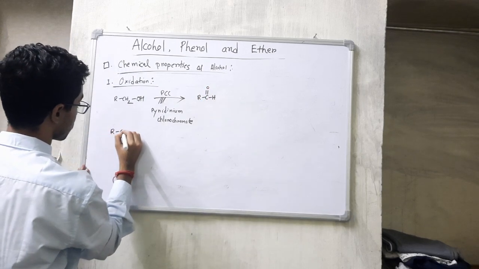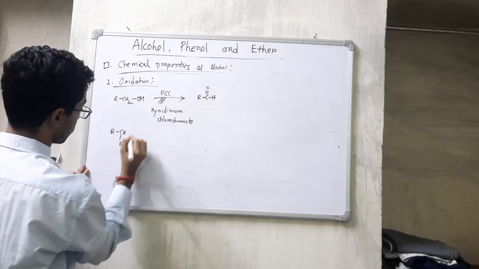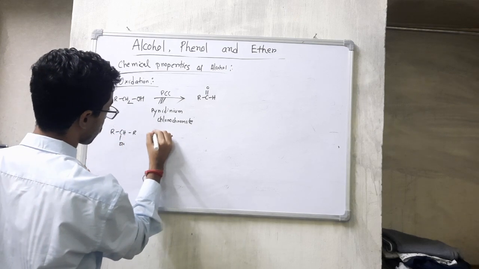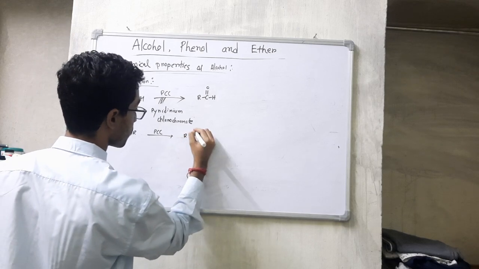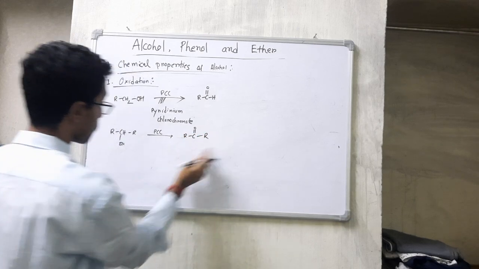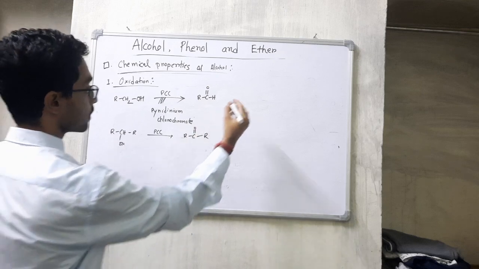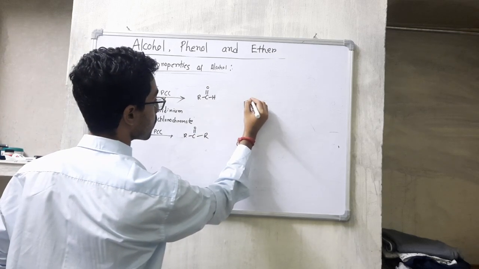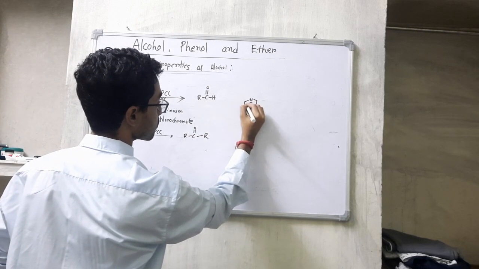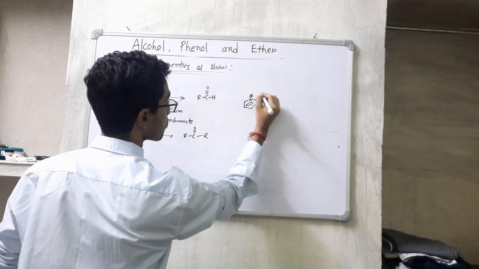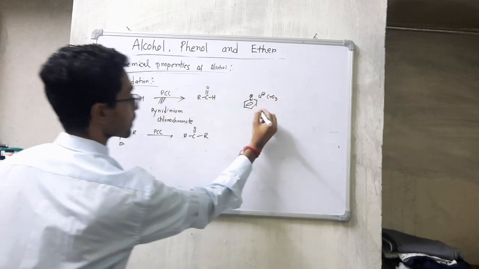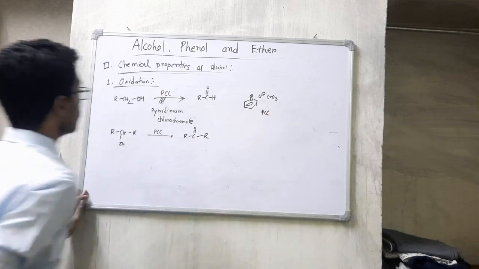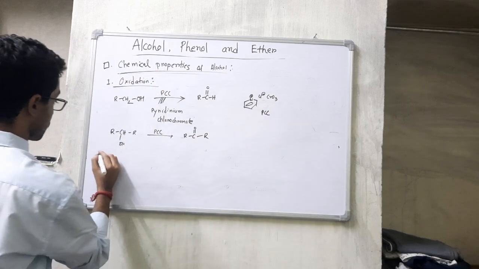If this is a secondary alcohol, then PCC in oxidation gives a ketone. This is the structure of PCC, pyridinium chlorochromate. So that is oxidation.